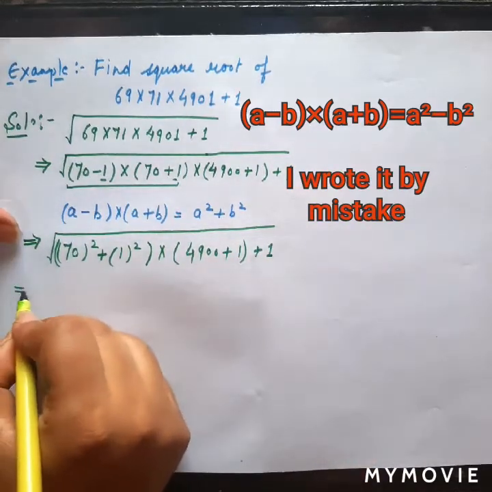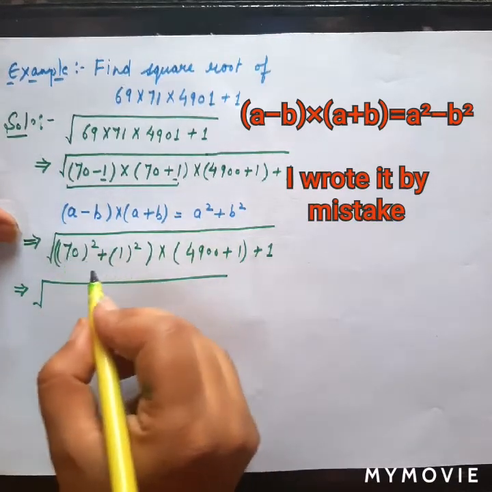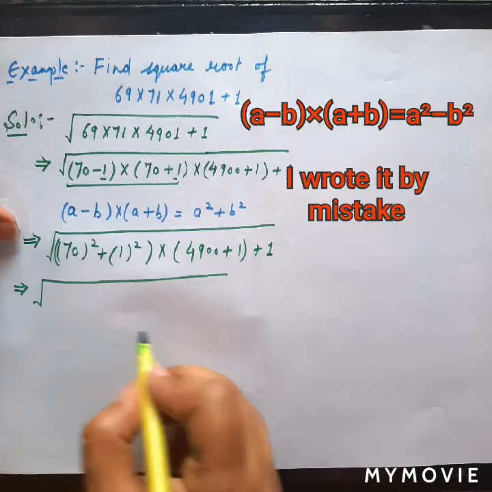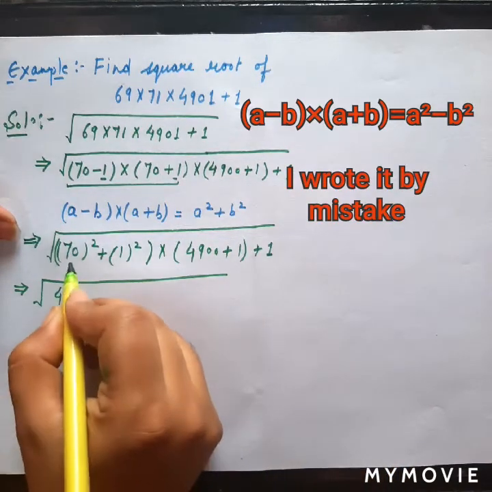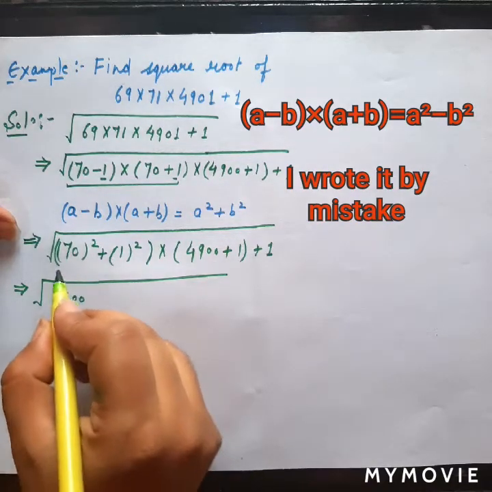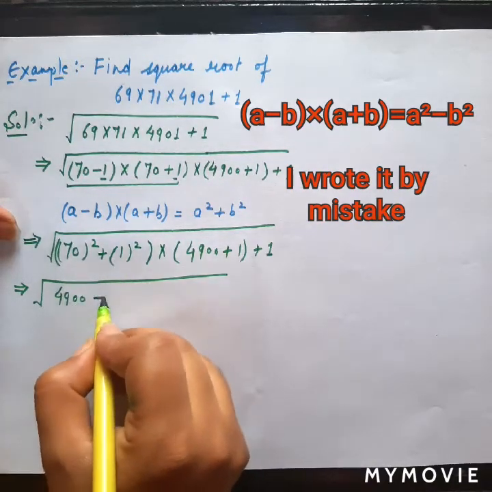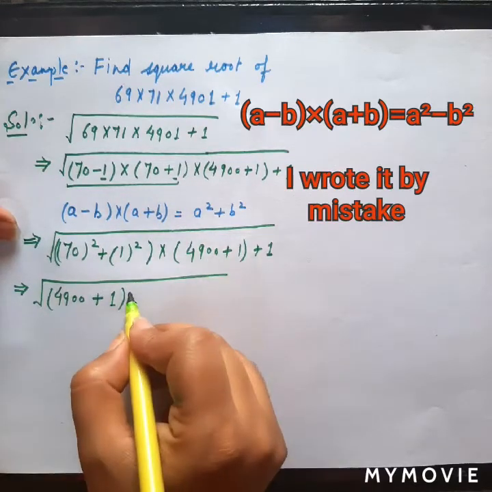Now just solve it a little bit more. 70 square will be equal to 7 sevens are 49, and double zero will come over here, 4900, and 1 square is equal to 1.